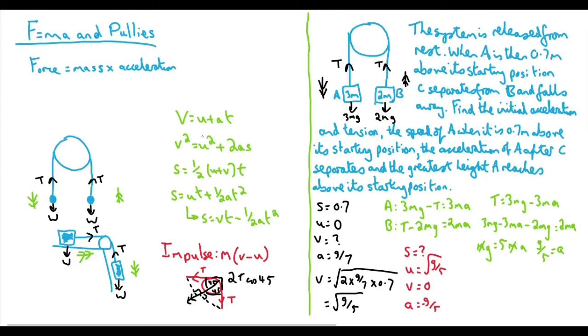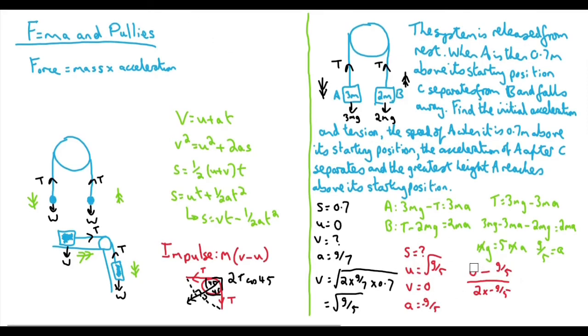Once again, we can use v squared equals u squared plus 2as, but we're going to have to rearrange to get s on its own. So it will be v squared minus u squared over 2a. So v squared is just going to be 0 minus u squared, we'll just get rid of the square root, leaving you with g over 5, over 2 times the minus g over 5. To start simplifying, first of all, the 0 here isn't making a difference, so it might as well just be minus g over 5 over 2 times minus g over 5.